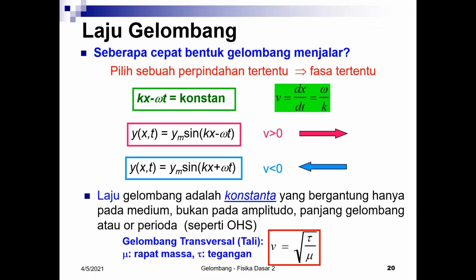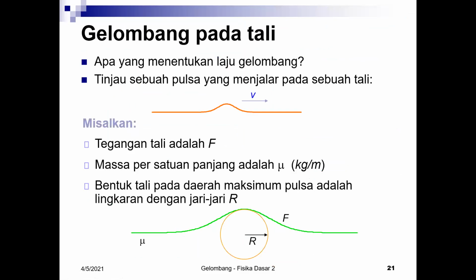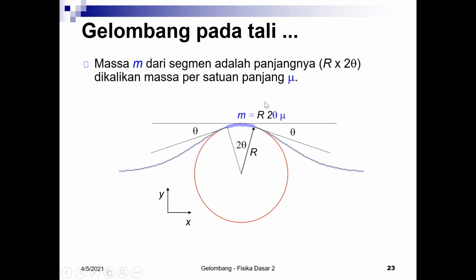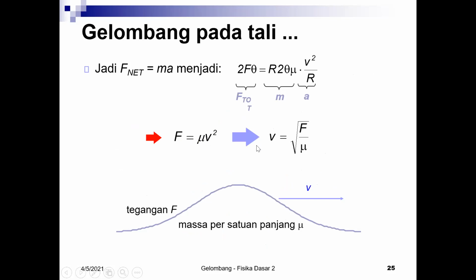For example, for string waves, the velocity depends on the mass density of the string and also the tension of the string: the square root of the tension over the mass density.